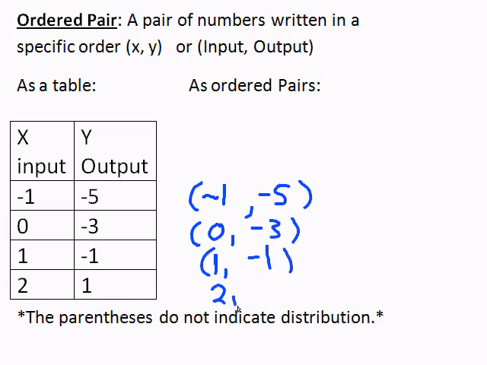And 2, 1 as (2, 1). So they're almost identical to a table. You have your x's on the left and your y's on your right, or your inputs then your outputs. The difference is that we enclose them in parentheses, and we put a comma between the two numbers to separate them. Please note the parentheses do not indicate any sort of distribution.